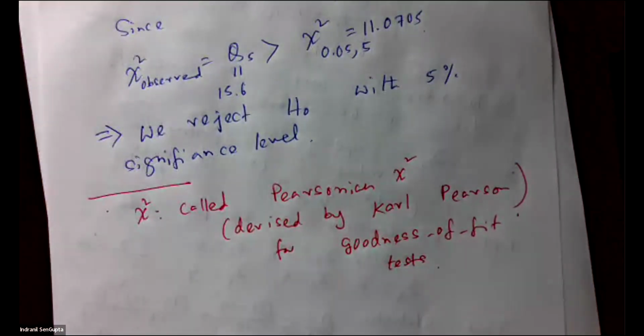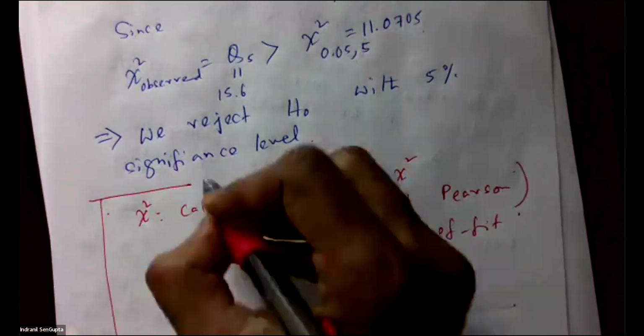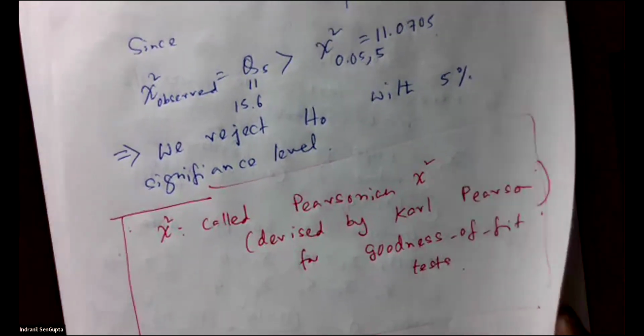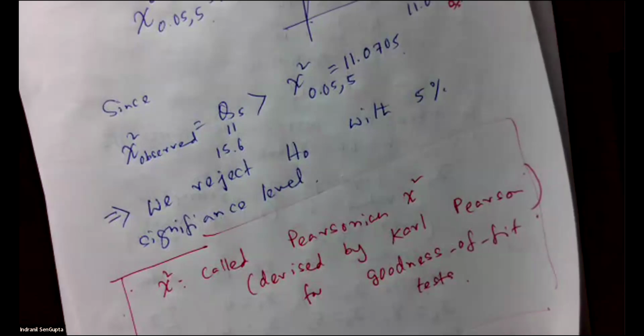What is the goodness of fit test? That is what we have just shown, one of the examples. We'll do some more. Okay, so let's solve another problem. Next example.